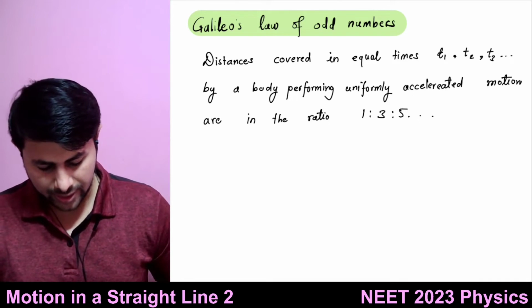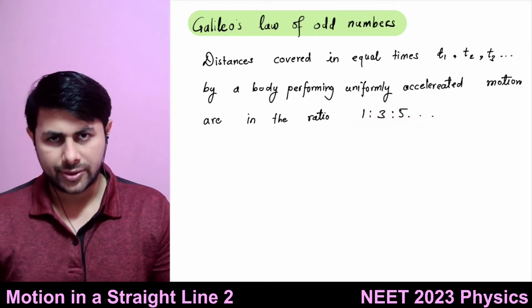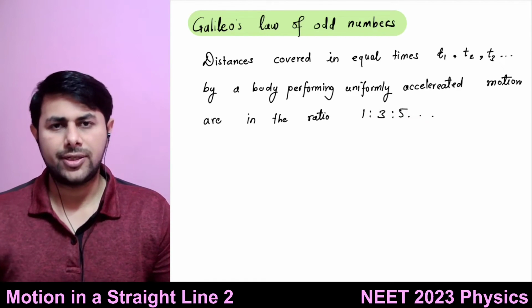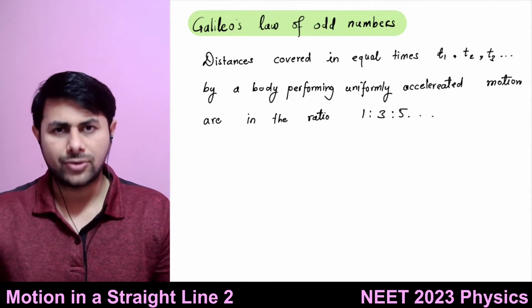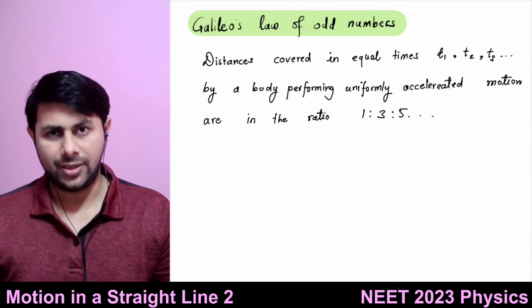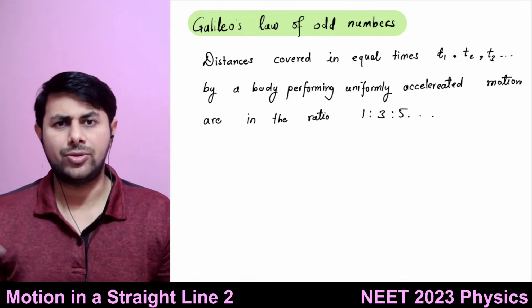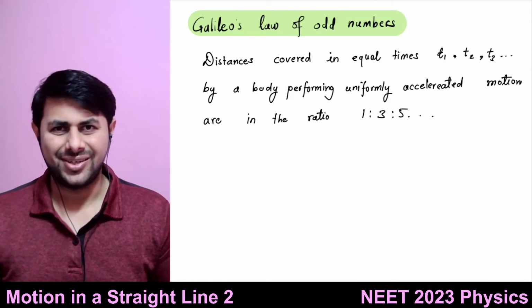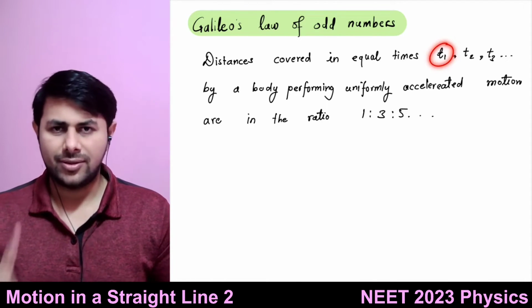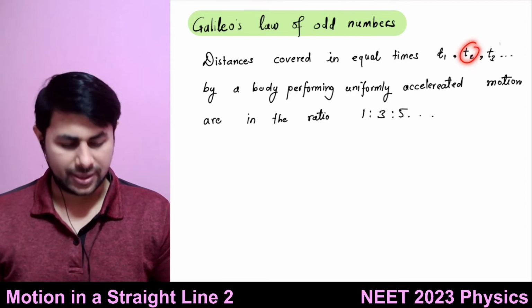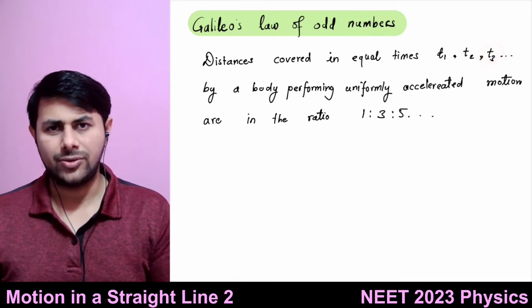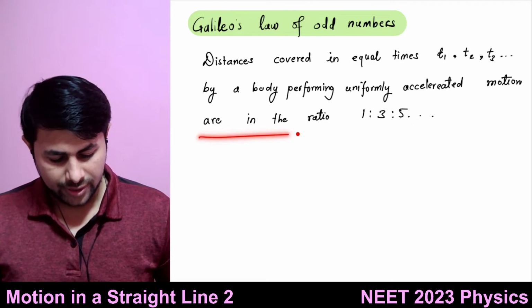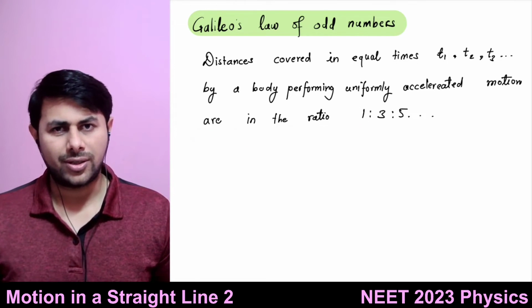So these are in the ratio of odd numbers, right? 1 is to 3 is to 5 is to 7, and so on. So that time can be anything. The time can be 1 second, 2 seconds, 5 seconds, 1 hour, or anything. Okay, so if t1 is 1 second, then t2 has to be 1 second, right? t3 is also equal to 1 second. So this is Galileo's law of odd numbers.